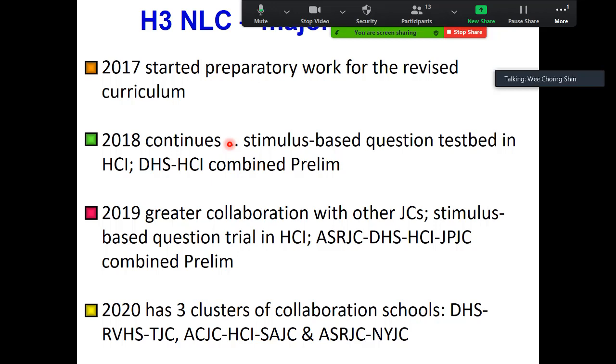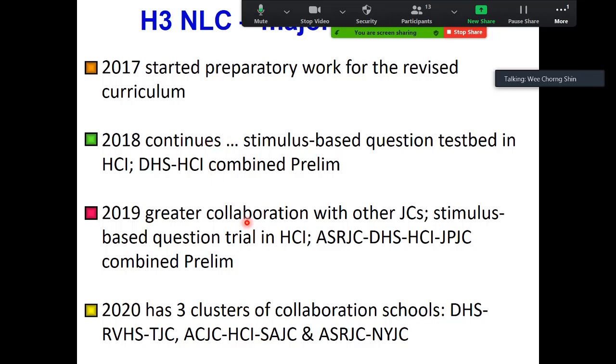Together we had a combined prelim, but back then it was the old syllabus, so there were no stimulus-based questions. So we co-set some questions together, and then brought them back to our schools and let the students try. Although it's still the old syllabus, no harm working on something.